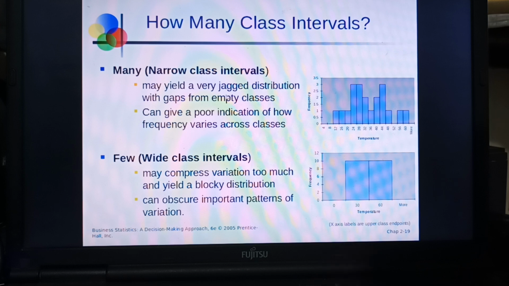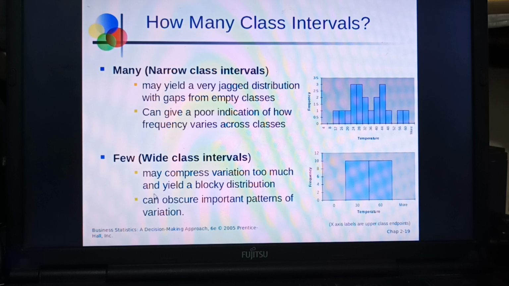It may yield a very jagged distribution with gaps from empty classes like this. Nothing inside. And it does not look very good. It can give a poor indication of how frequency varies across classes.